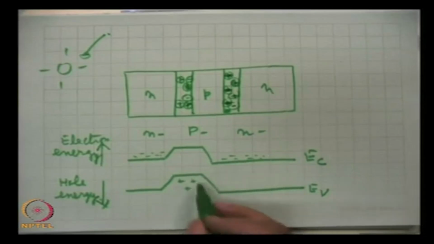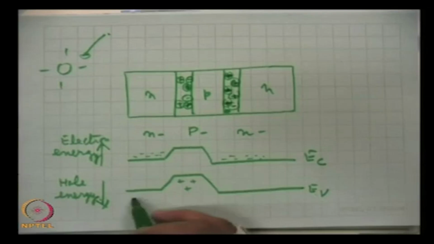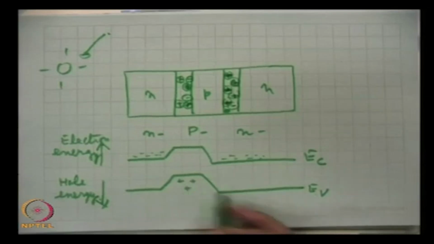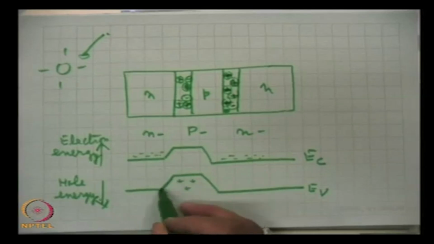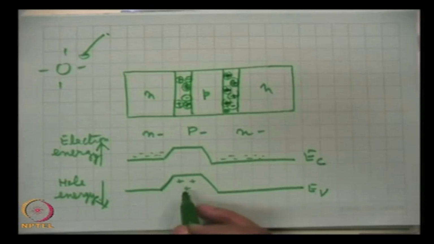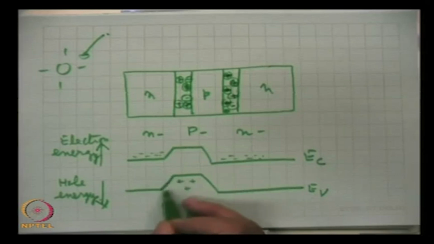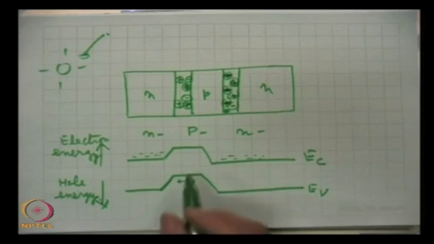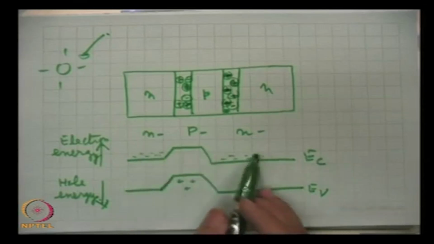Similarly, these holes cannot flow towards the emitter or towards the collector, because this is not downhill, this is also uphill for the hole. Holes here have higher energy than this, and they do not have this much energy. So, they will also be unable to move either towards n or p.